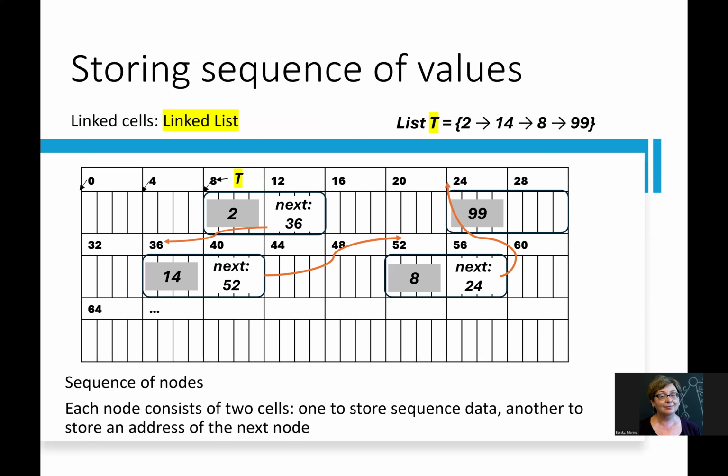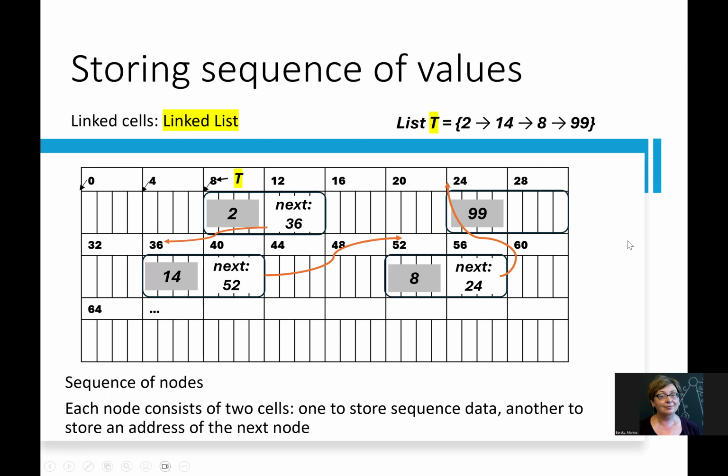And so, by having just the address of the first element, we can recover the entire sequence by following this sequence of links. Each combination of the value with the next pointer is called a node, and the linked list is an arrangement of nodes.